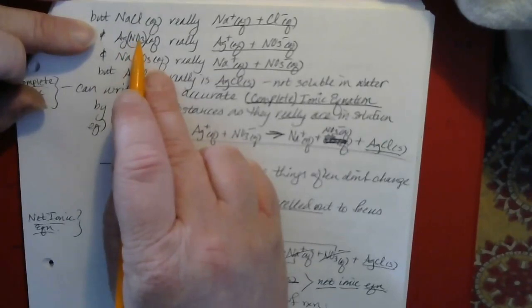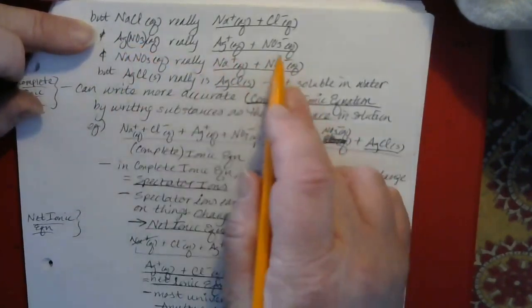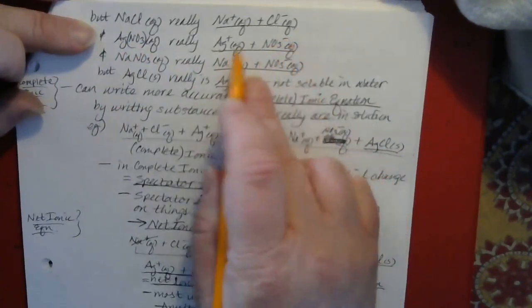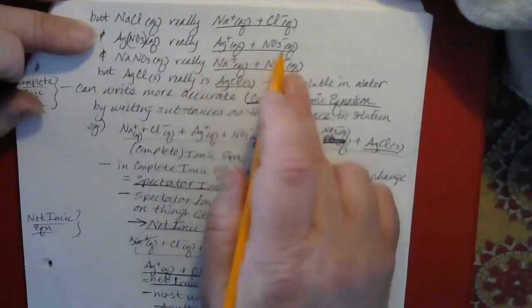But the bond within the nitrate ion between the nitrogen and the oxygens is not an ionic bond because nitrogen and oxygen are both nonmetals. So that is a covalent bond, and it will not be affected by water. Very rarely are covalent bonds affected by water. And so the NO3 part will remain together as the polyatomic ion NO3-.